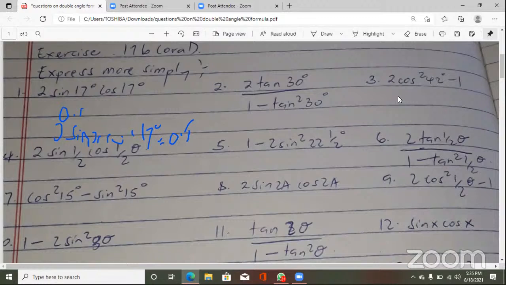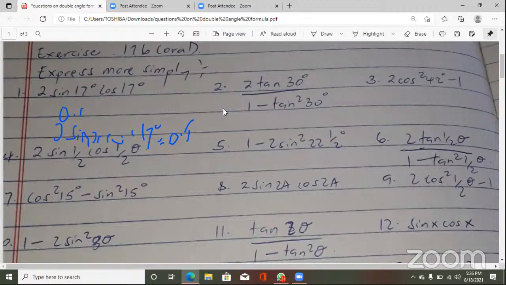Then number 4. This one is sine theta. Then number 5.